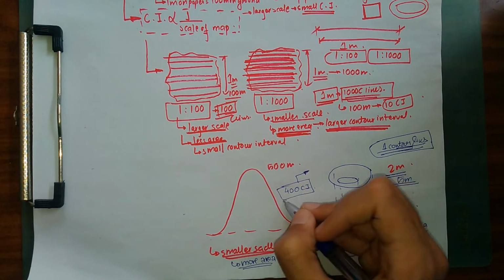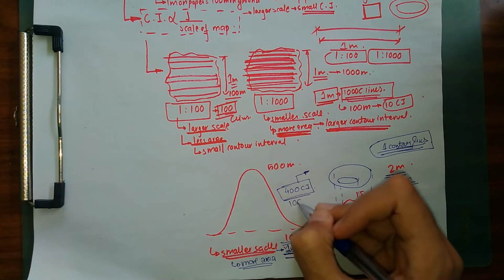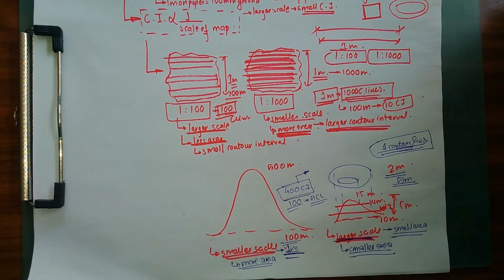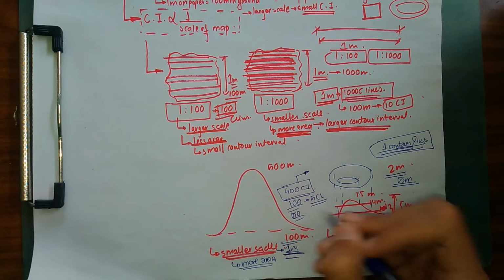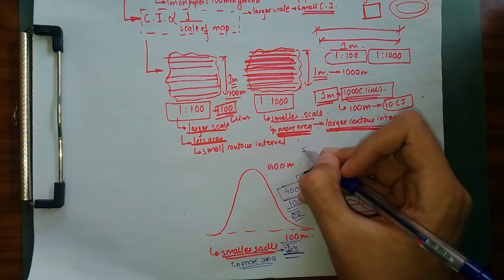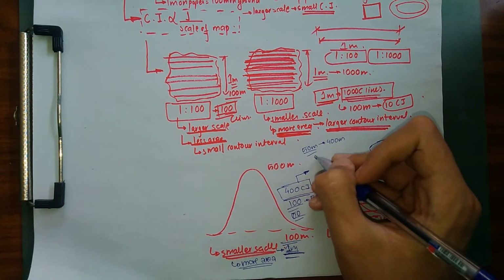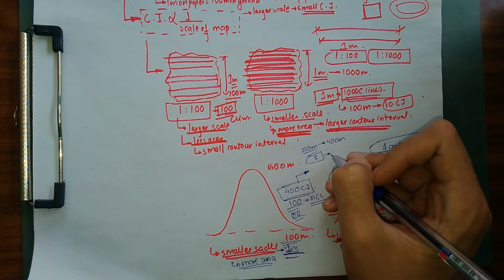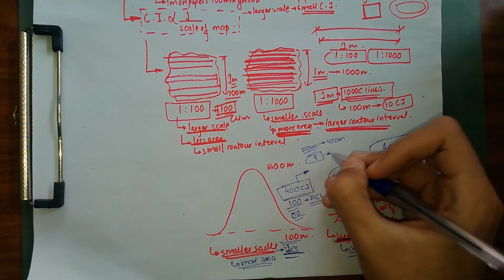So in this case I have to choose a larger contour interval. If I choose a contour interval of 100 meter, I am going to have 5 contour lines. Similarly, if I choose a contour interval of 50 meter for 400 meter, I'm going to get 8 contour lines.